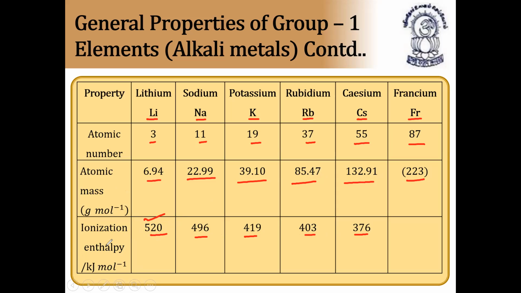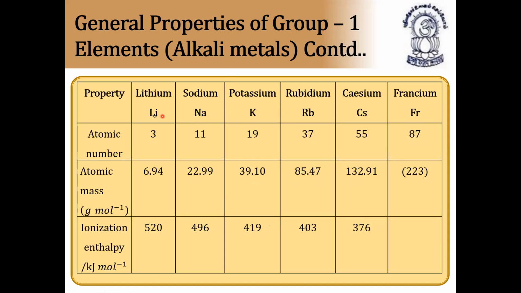The ionization enthalpy to remove one electron from the outermost shell of one mole of lithium atoms is 520 kilojoules per mole. For sodium it is 496, potassium 419, rubidium 403, and cesium 376. So as we go down the group, ionization enthalpy decreases. These are the general trends.